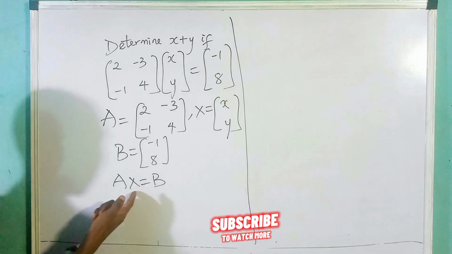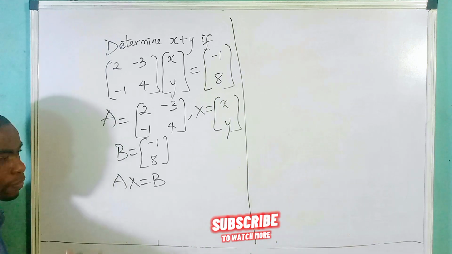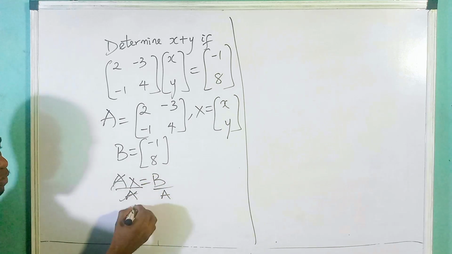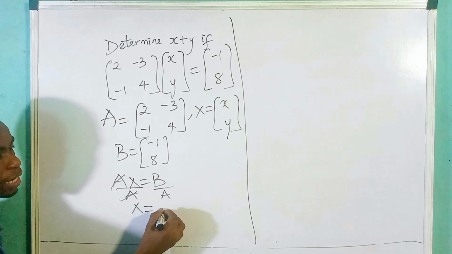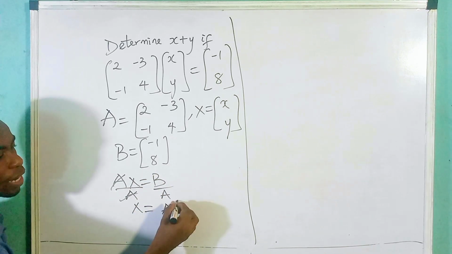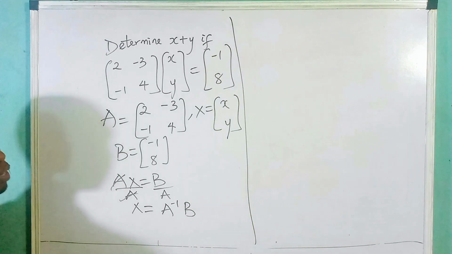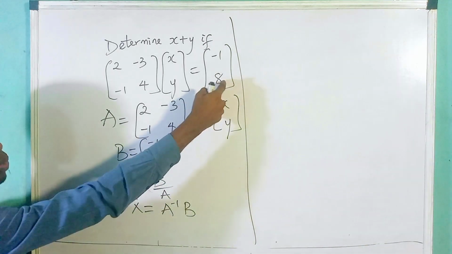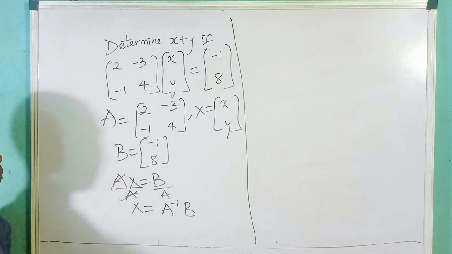So for us to get X, we divide both sides by A, and we'll have X equal to B divided by A, or A inverse times B, right? So that's what we'll be doing. We'll be taking the inverse of this and multiplying it with the matrix that we have there.